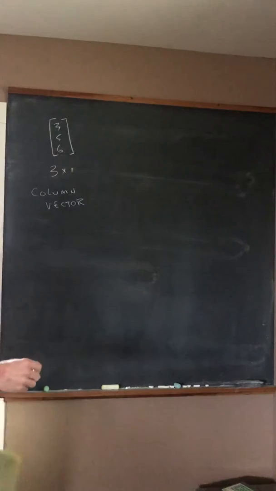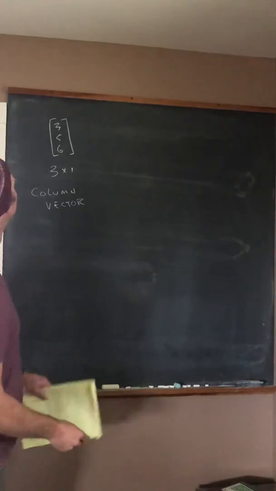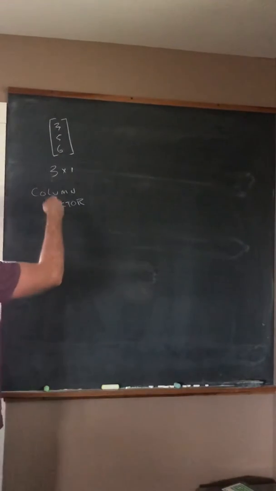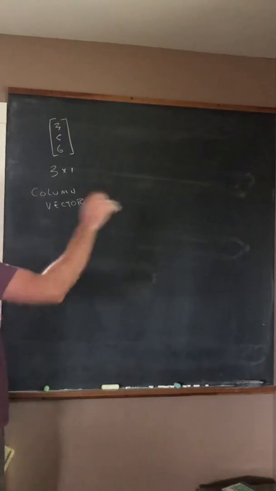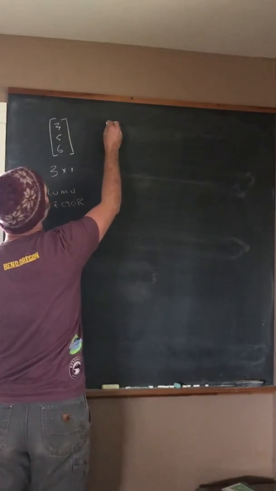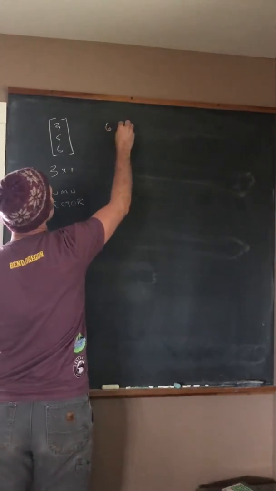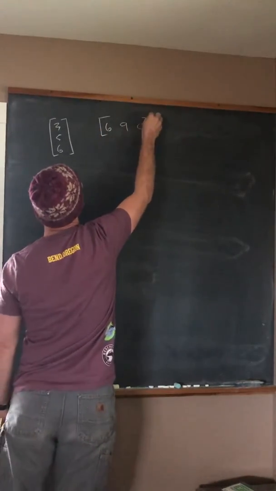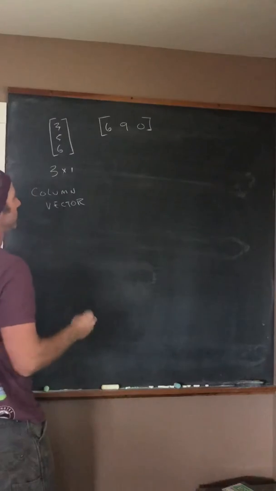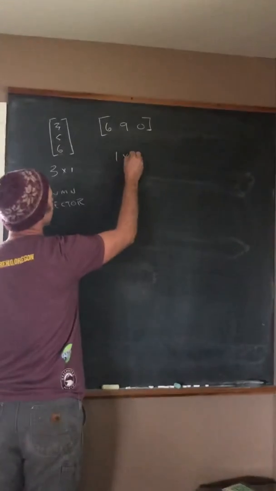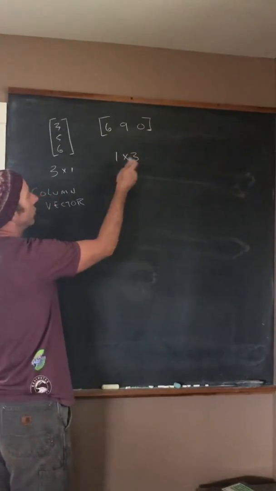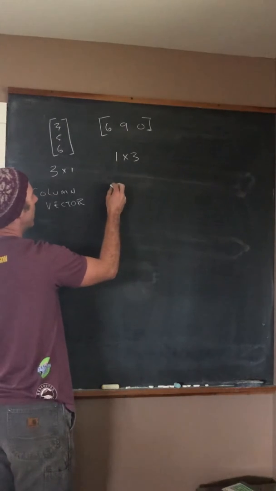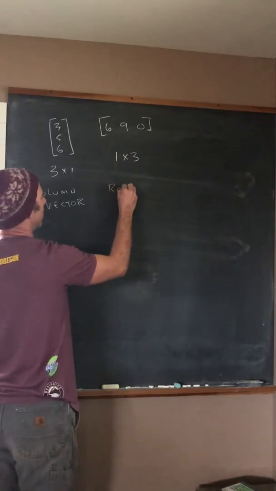Yeah, we just kind of crossed into vectors for a quick sec. But 3 by 1 is a column vector. You can kind of guess what it is going the other way. 6, 9, 0. Okay, this here is a 1 by 3, 1 row, 3 columns. And this is called a row vector.